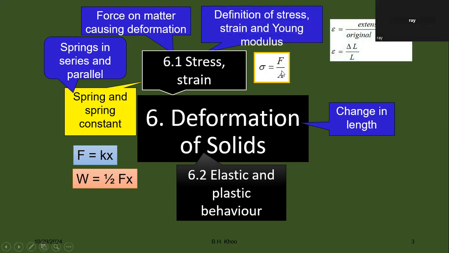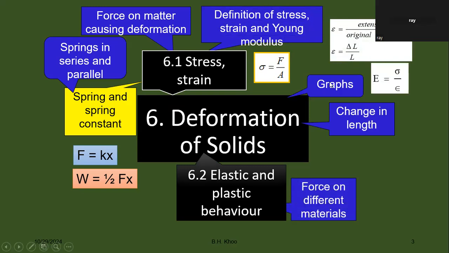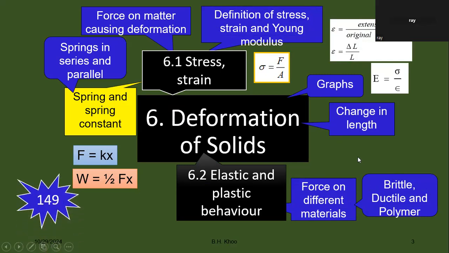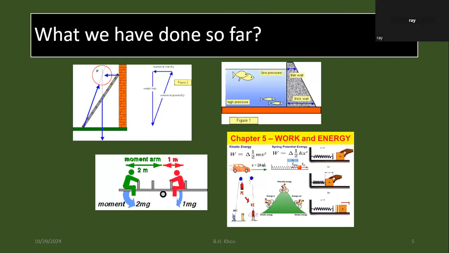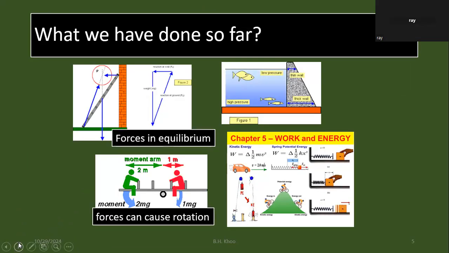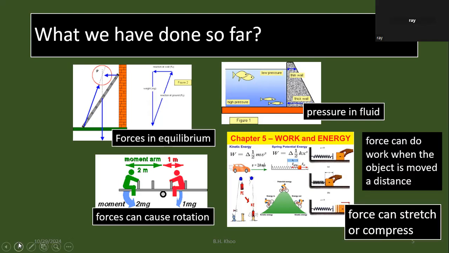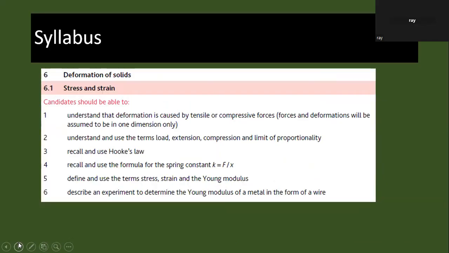Then we define stress and strain, and then we look at the graph. Then force on different materials: brittle material, ductile material, and polymer. Page 149. That's the summary of what we have done so far. Okay, that's the syllabus.